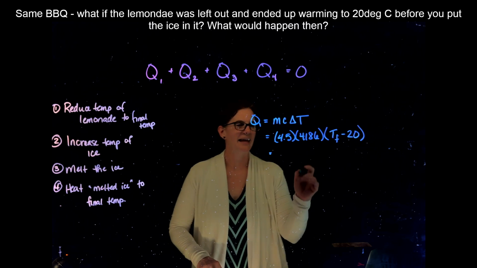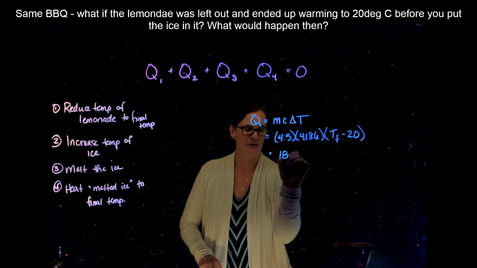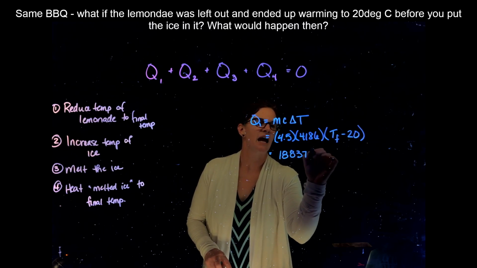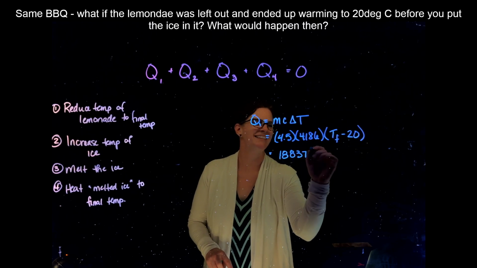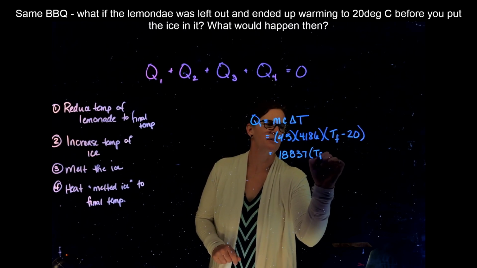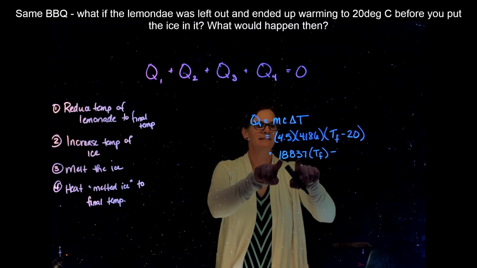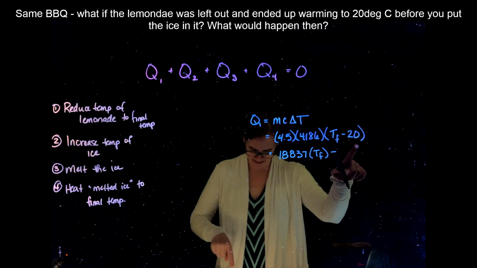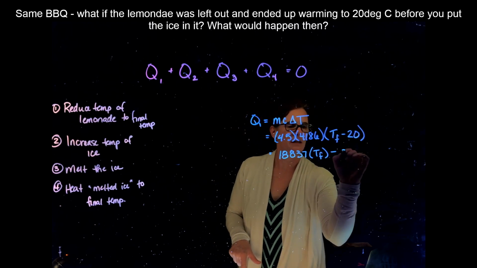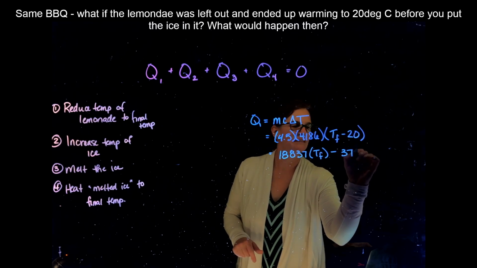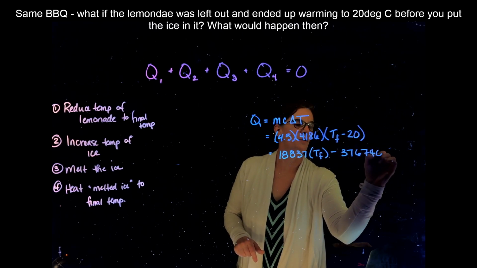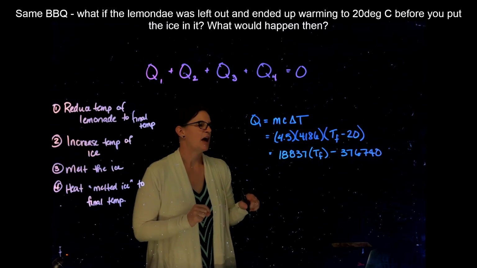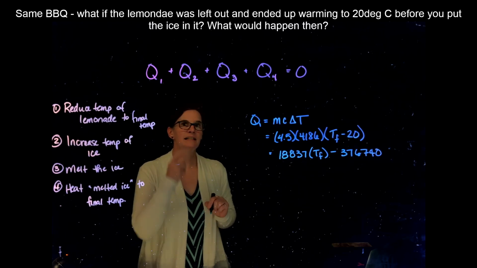We end up with 18,837 (I don't have a calculator in front of me) times, that's 4.5 times 4186, times the final temperature, minus 4.5 times 4186 times negative 20, which is 376,740. Ooh, that looks familiar because that was what it was to change it by 20 degrees. So that's good. All right, I have the right numbers. So that's for Q1.